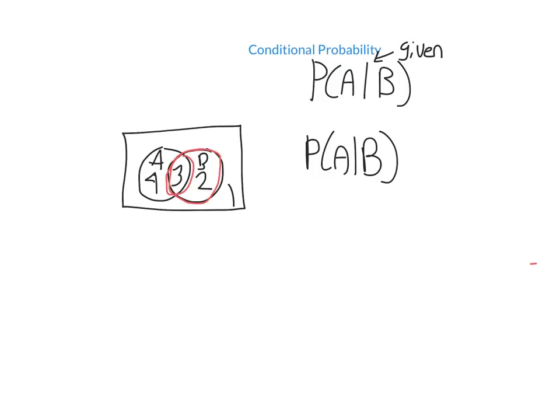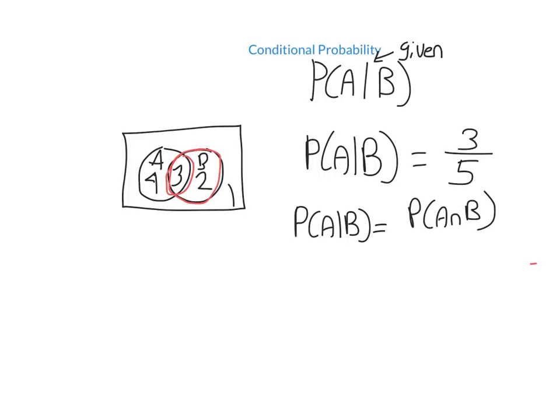So intuitively, you can see that if I'm in the B circle, there are 5 choices and 3 of them are in the A circle. So the formula we use, because you won't always have Venn diagrams, is that the probability of A given B equals the probability they both happen over the probability that the first one happened. Okay, so whichever one's listed second here, that's the one that goes on the bottom.